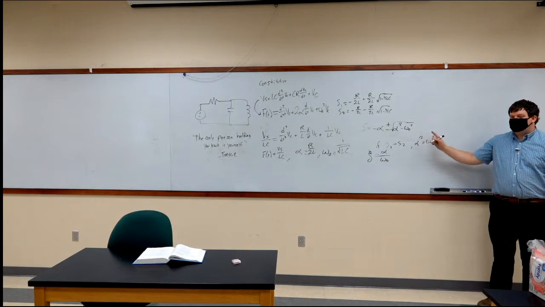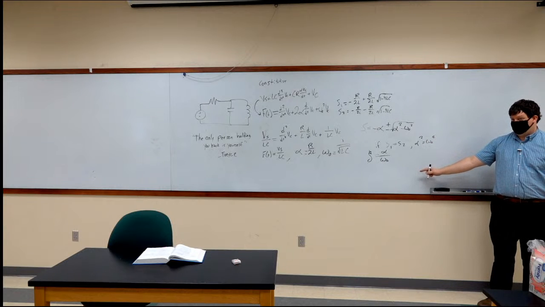If zeta is equal to 1, it means that alpha is equal to omega.